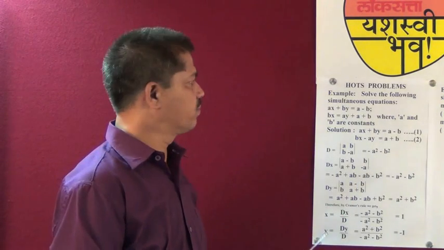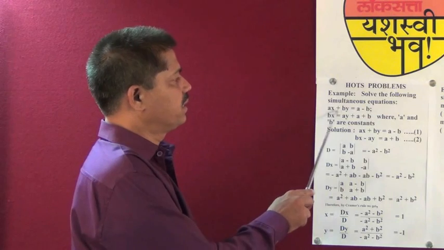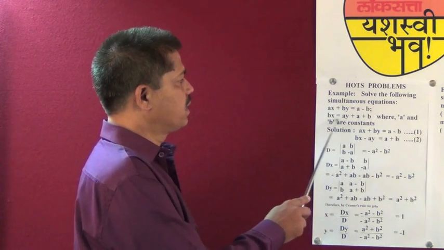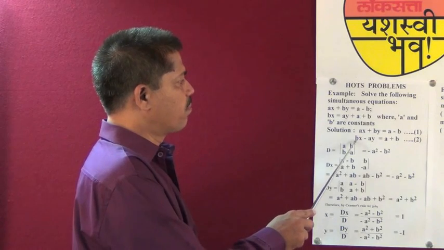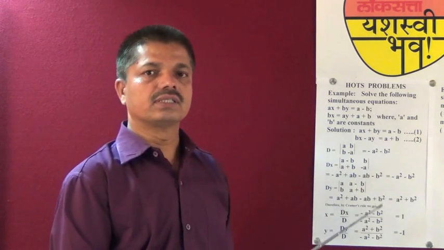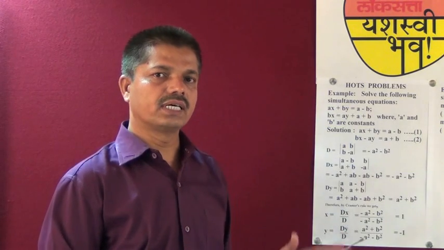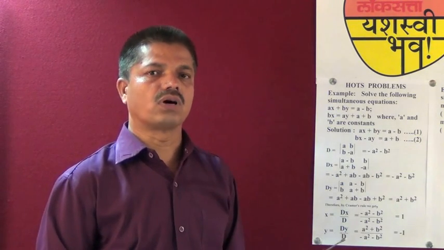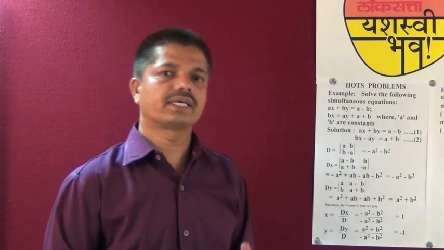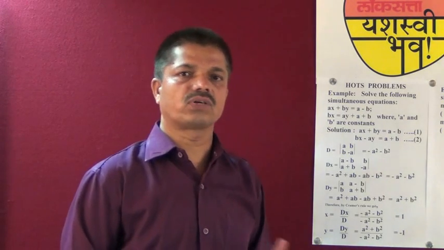Now if you look at these equations, we can express them in the general form ax plus by is equal to a minus b, and the second equation bx minus ay is equal to a plus b, because here a and b are constants. You can solve this simultaneous equation by making the coefficients of x or y equal.